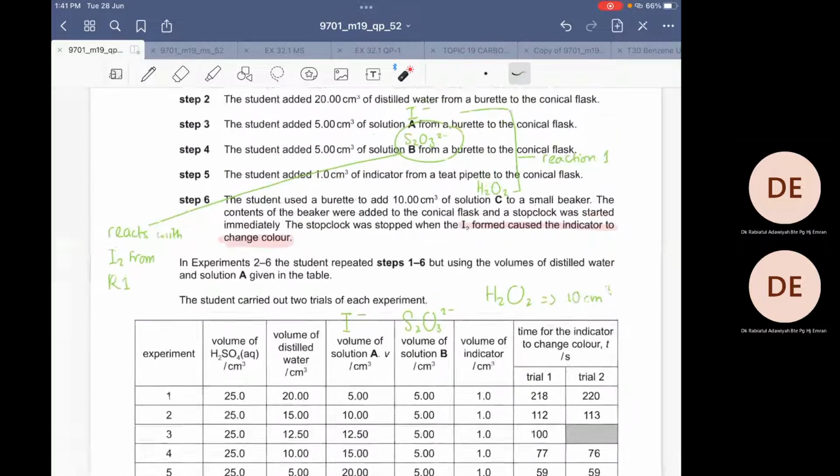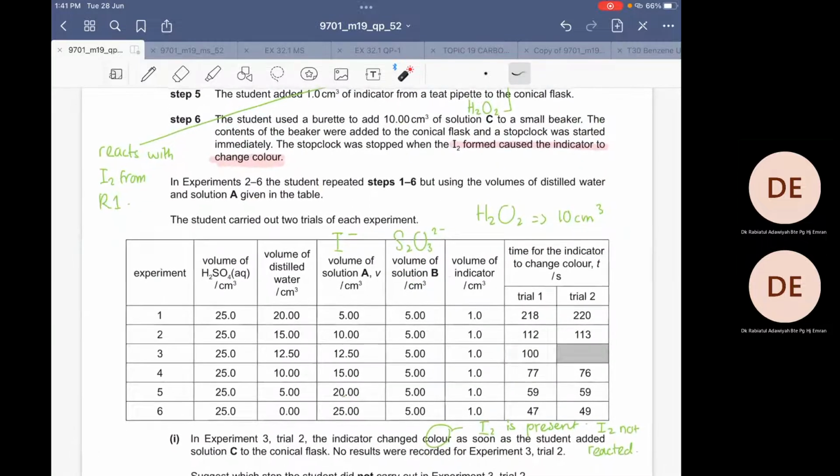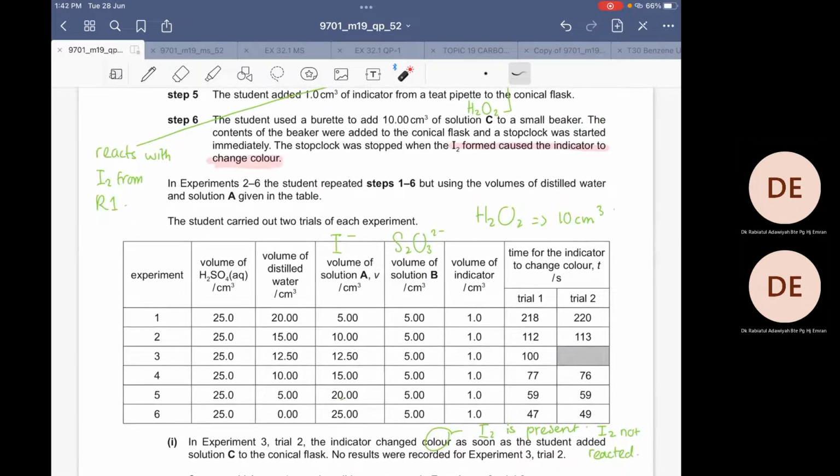You then get a table. The table is given. I've labeled my ABCs because I can never remember them. You notice that the volume of the indicator, the volume of thiosulfate, and the volume of the acid are all the same. We are changing only the volume of A, which is the iodide.